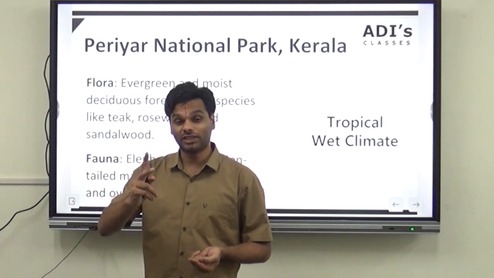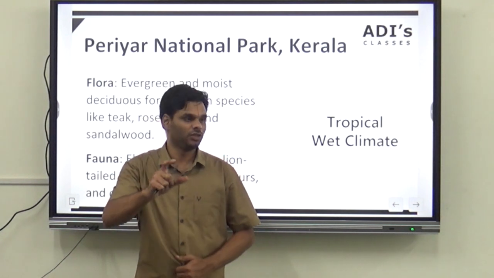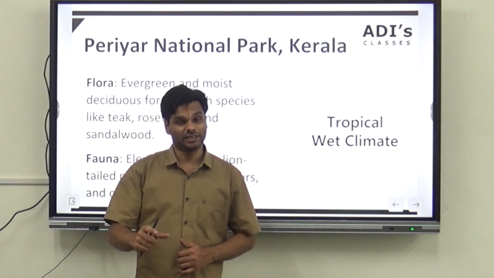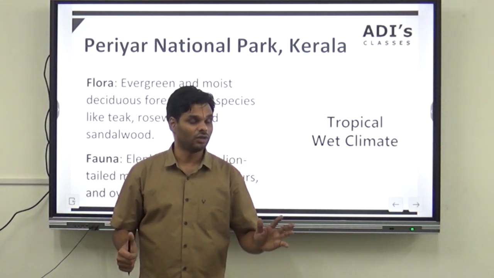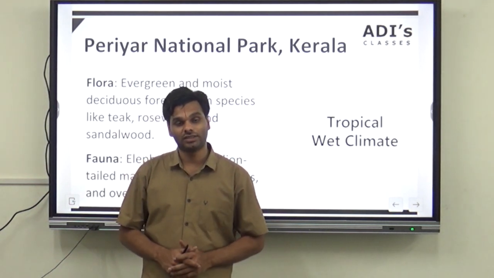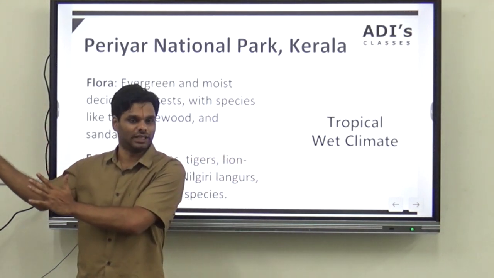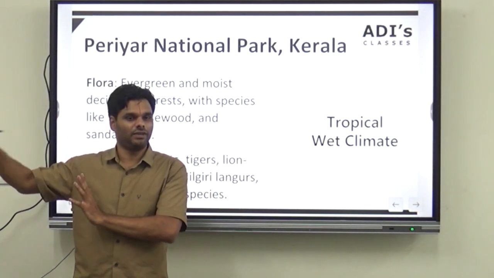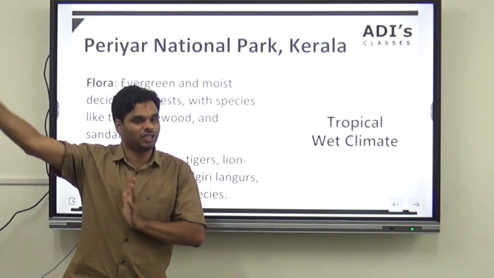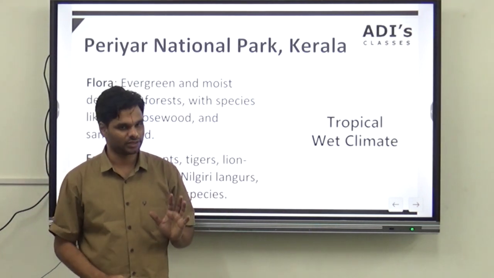When it comes to a bioreserve, in the buffer and in the transition zone, minor forest produce is allowed. Settlements, are they allowed in national parks? No, settlements are not allowed. But are they allowed in wildlife sanctuaries? At the very end part of the wildlife sanctuary, not in the middle or in the core areas. At the very end, where the wildlife sanctuary is transitioning out, you may find small hamlets and villages.